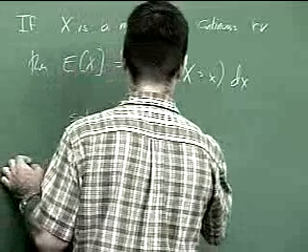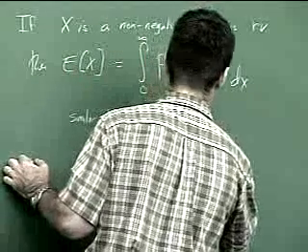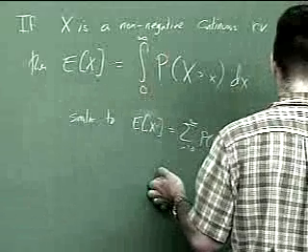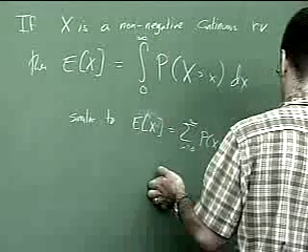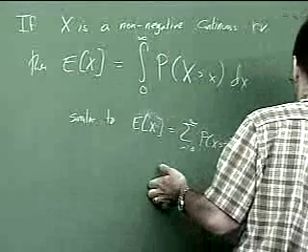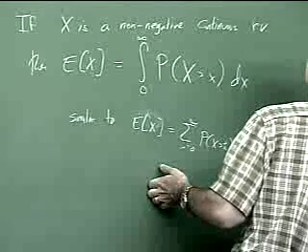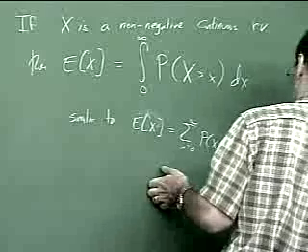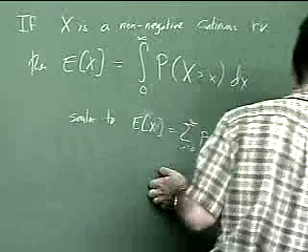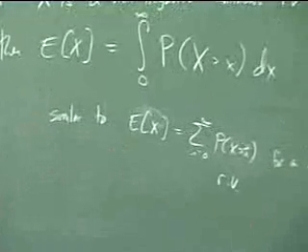E of X equals the sum from i equals 0 to infinity of the probability that X is greater than i, for a discrete integer-valued random variable. Right?